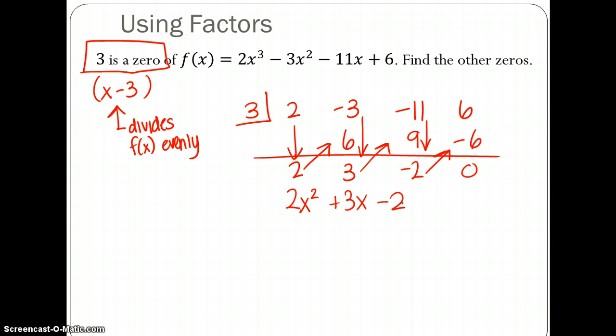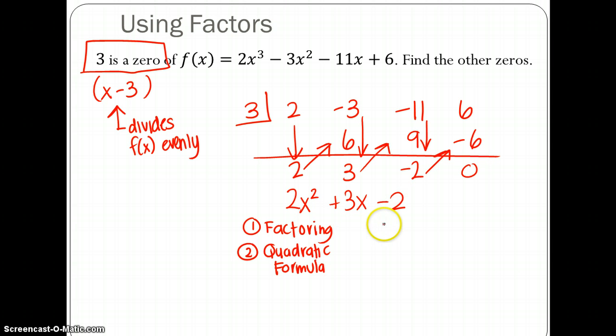What we've given ourselves the power to do now is find the other roots. We can find the other zeros through factoring or through the quadratic formula. Now that we have a degree 2 polynomial, we can use other methods that we've used before.